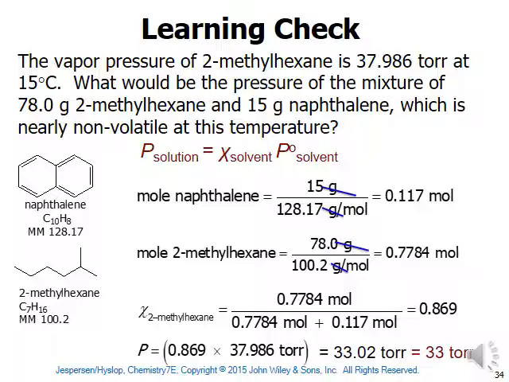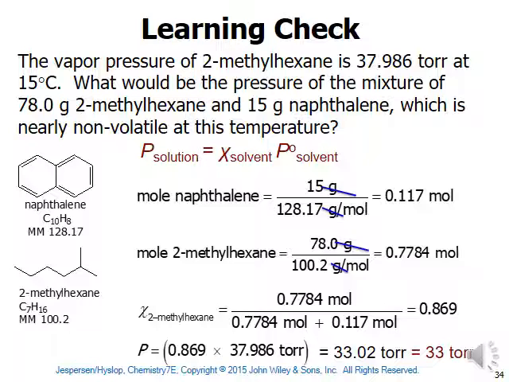The vapor pressure of 2-methylhexane is 37.986 torr at 15 degrees C. You don't have to worry about the units, but 1 torr is the same thing as 1 millimeter of mercury, and 760 millimeters of mercury equals 1 atmosphere, which is normal atmospheric pressure.